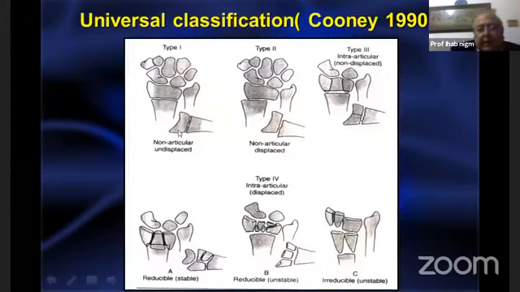This is type 1, extra-articular, undisplaced, type 2 displaced, type 3 intra-articular, undisplaced. Type 4, intra-articular, displaced, which may be reducible and stable, reducible, unstable, or irreducible.